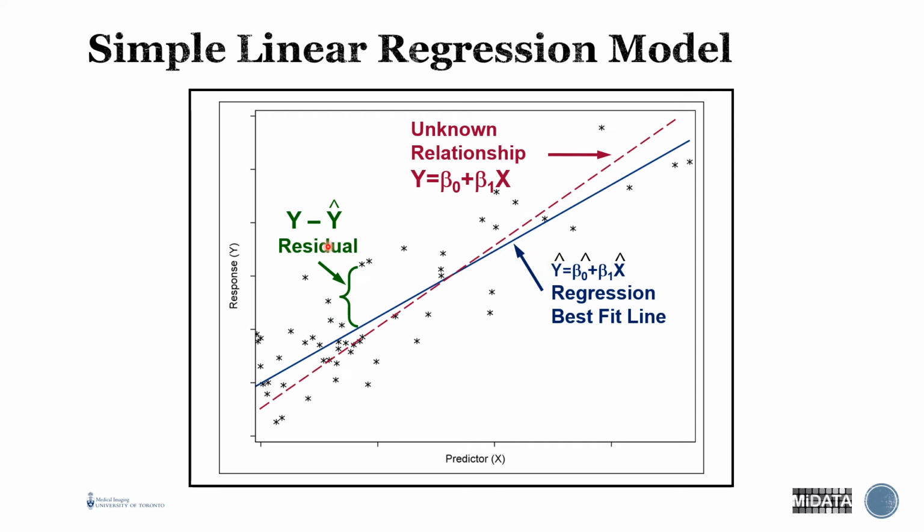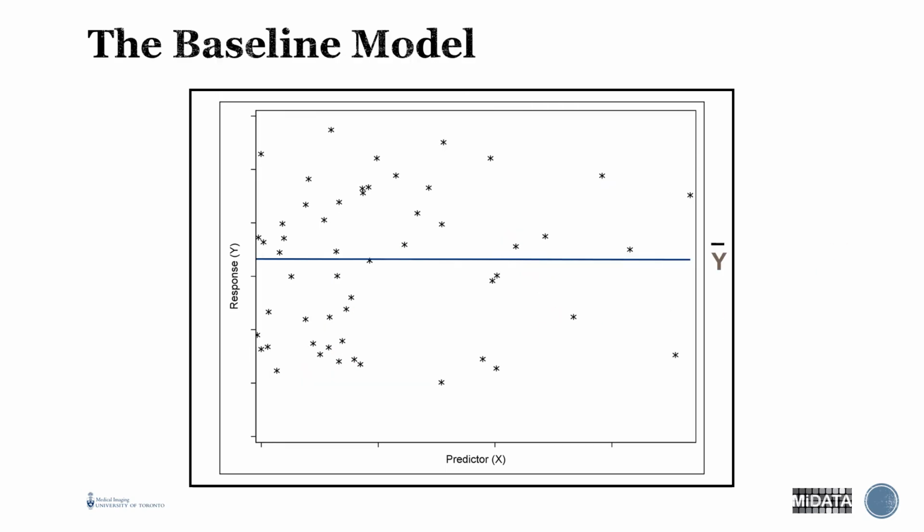And the residual, as I said, is going to be your actual value minus your predicted value, meaning that here's your actual value and there's your line of best fit. This distance here represents the residual or the error, so to speak. Now your baseline model is simply going to be the mean of your outcome or response variable.